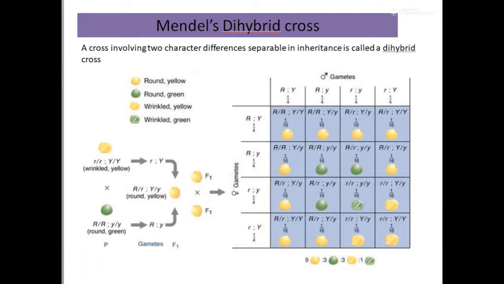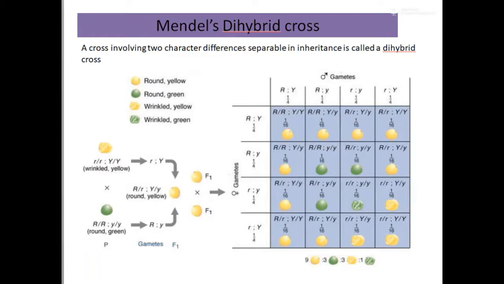Earlier, each trait was taken separately, either round or wrinkled, or yellow or green. That was the way by which he was doing a monohybrid cross. Now, in a second set of experiments, he started taking two contrasting characters together at a time. A cross involving two character differences separable in inheritance is called a dihybrid cross.